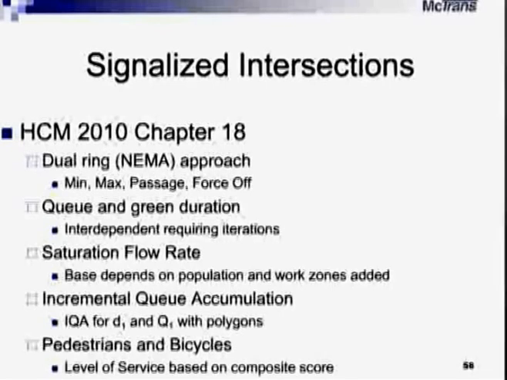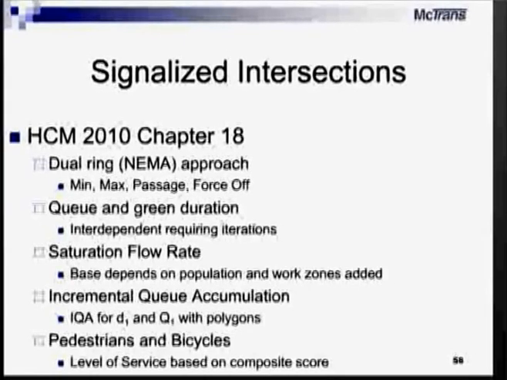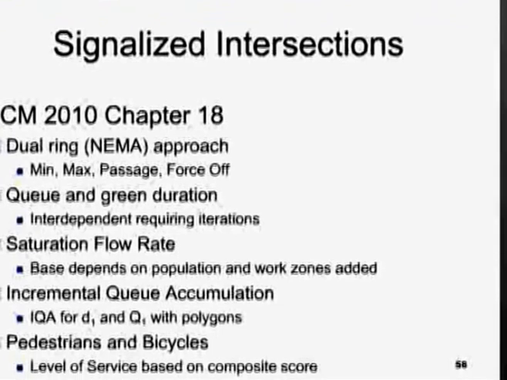And to model delay, we have to know what that average green phase duration is for that phase. And so there's an iterative model that allows us to compute that, and that converts saturation flow to capacity. A little advice on base saturation flow from a population perspective was added. Above 250,000, use 1900.